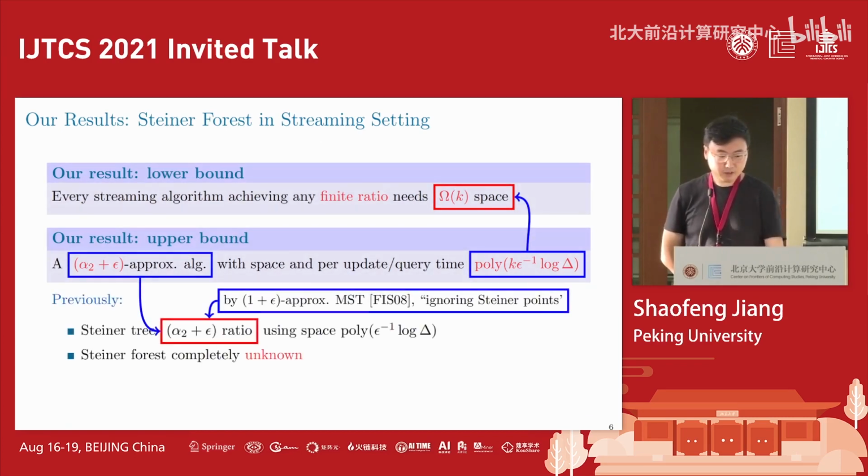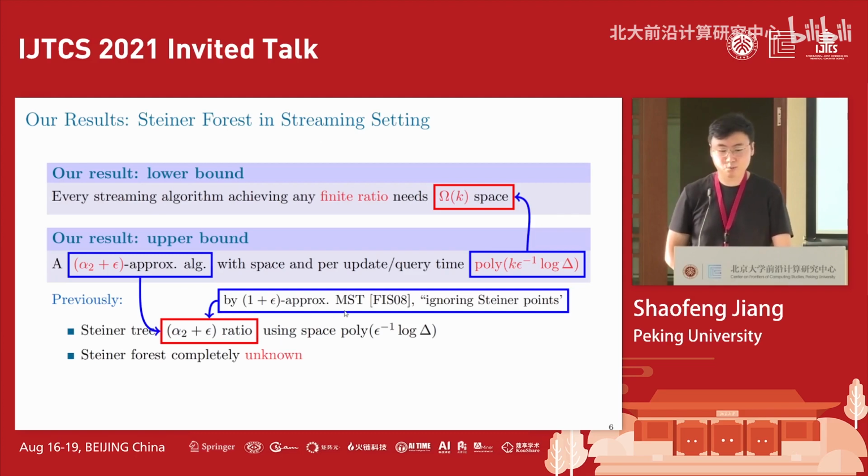Previously, the only known result was for the special case of Steiner tree, where k equals 1. For Steiner tree, there is an easy algorithm that gives the alpha-2 plus epsilon ratio, and this is exactly by using the MST. Recall that this alpha-2 is the gap between MST and Steiner tree. So if I approximate the Steiner tree using MST, then I exactly suffer this alpha-2.